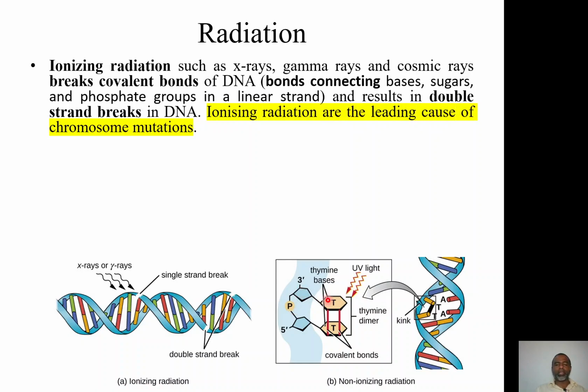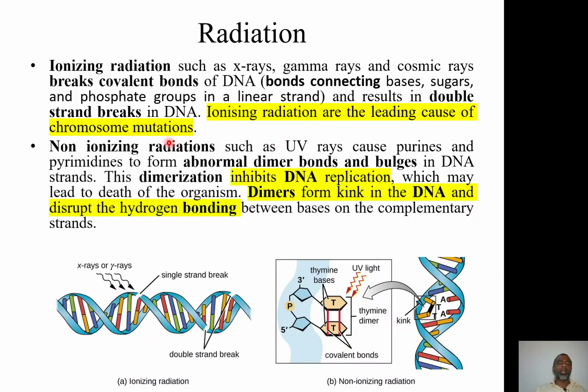So, these radiations break this covalent bond, and when the covalent bond is broken, it leads to a break in the DNA molecule. Sometimes they lead to a single strand break, sometimes to a double strand break, and the chromosomal mutation is maximally caused by the ionizing radiations.